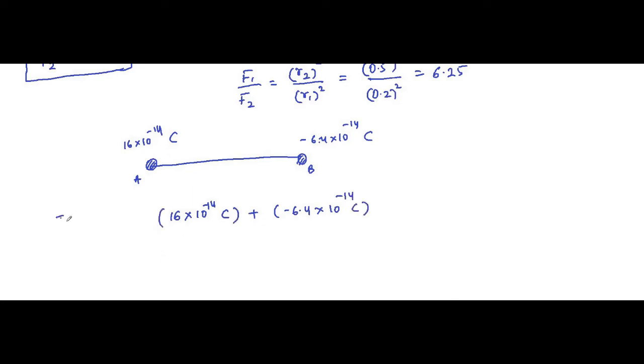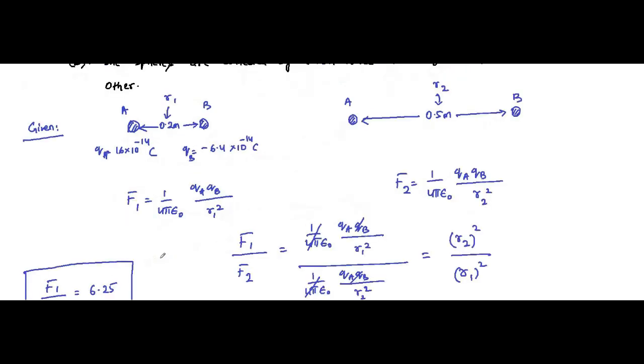This is the total charge when they are connected by a thin wire, and that total charge is equal to plus 9.6 into 10 to the power minus 14 coulomb.